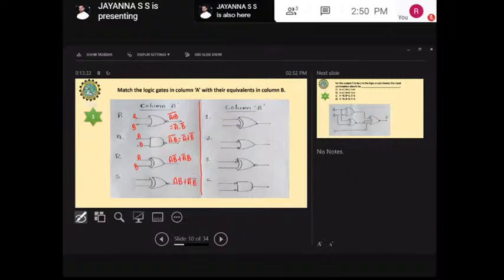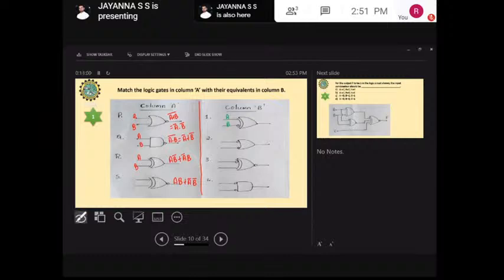Okay, next, after that, coming to this column, I'm going to take another color in order to represent that one. So I'm going to take green. Okay, fine. So this one will be, again, I'm going to call this one A and this one B. Since it is an XOR gate with a bubble here, the output will be inverted here.